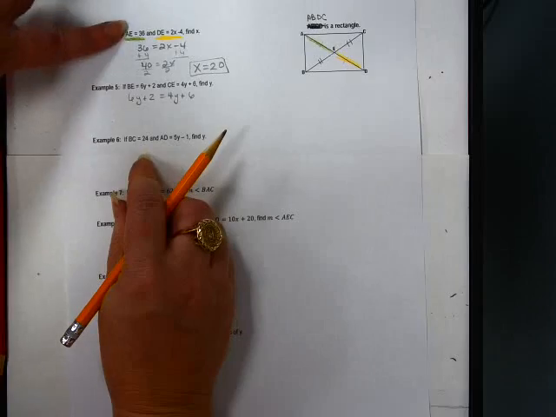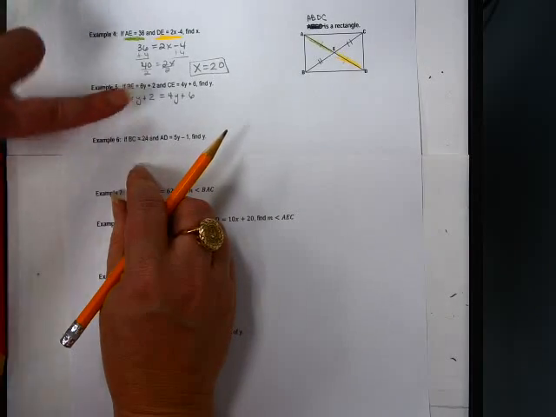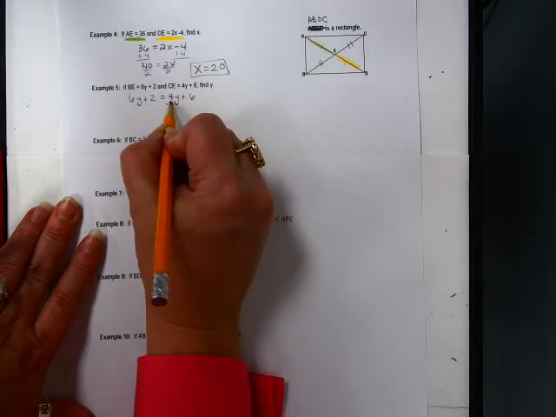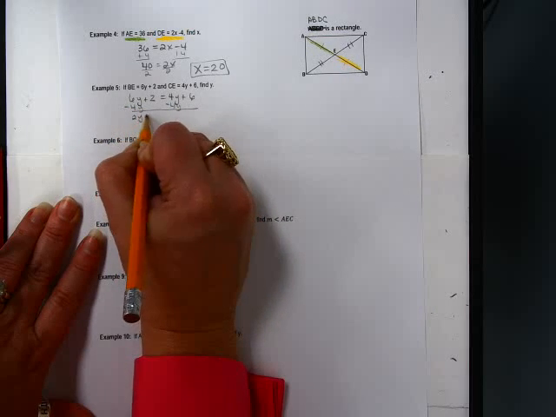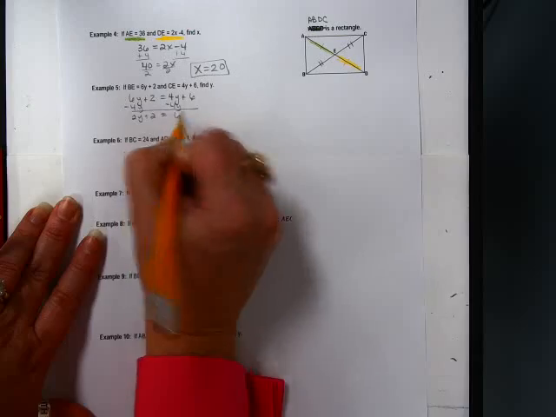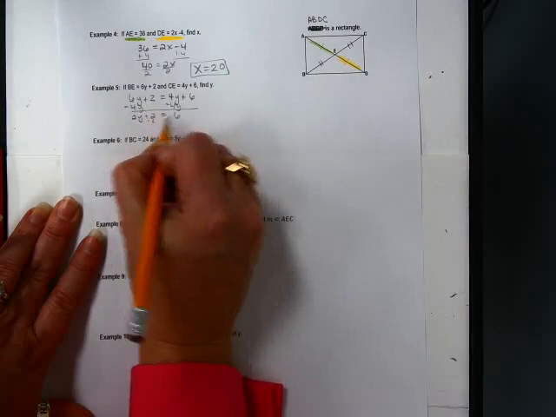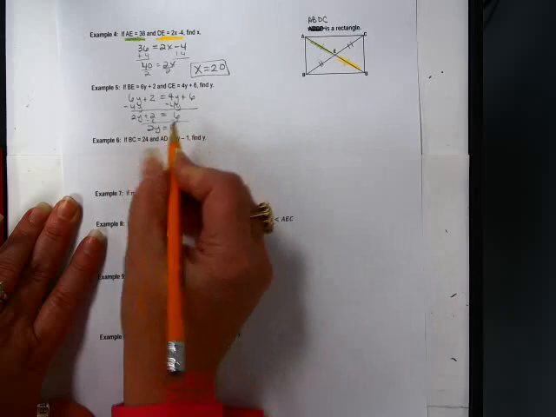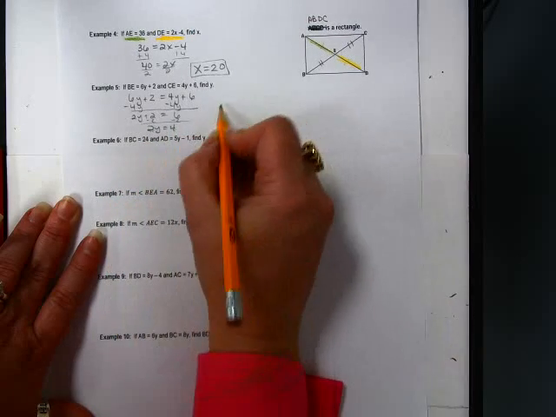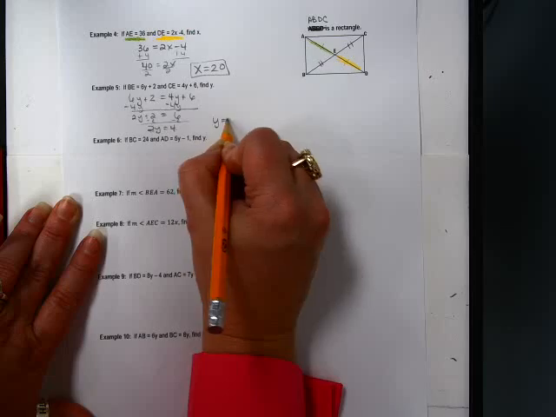And I'm using the same concept here. I'm going to subtract 4y from both sides. I get 2y plus 2 on the left equaling 6 on the right. Subtract 2. I get 2y equaling 4. Now divide both sides by 2, and I get y equals 2.